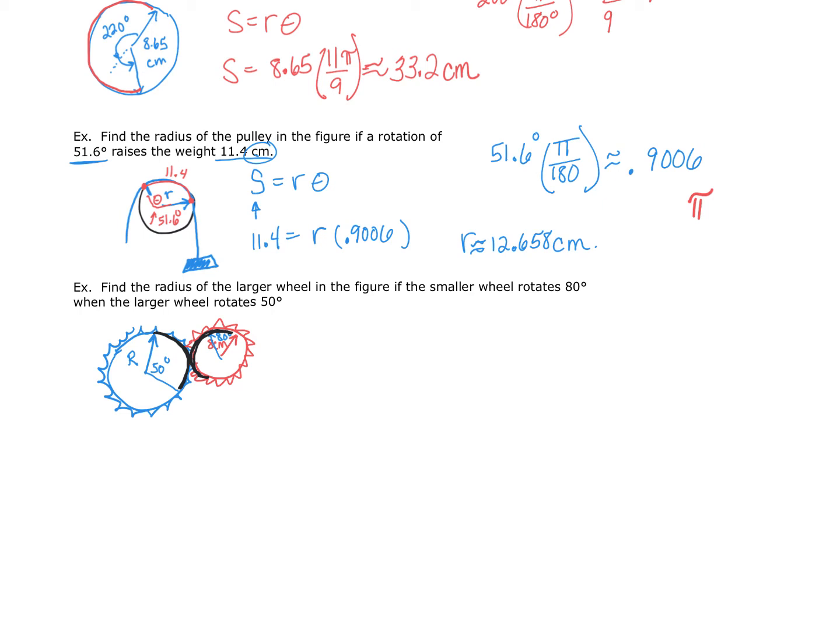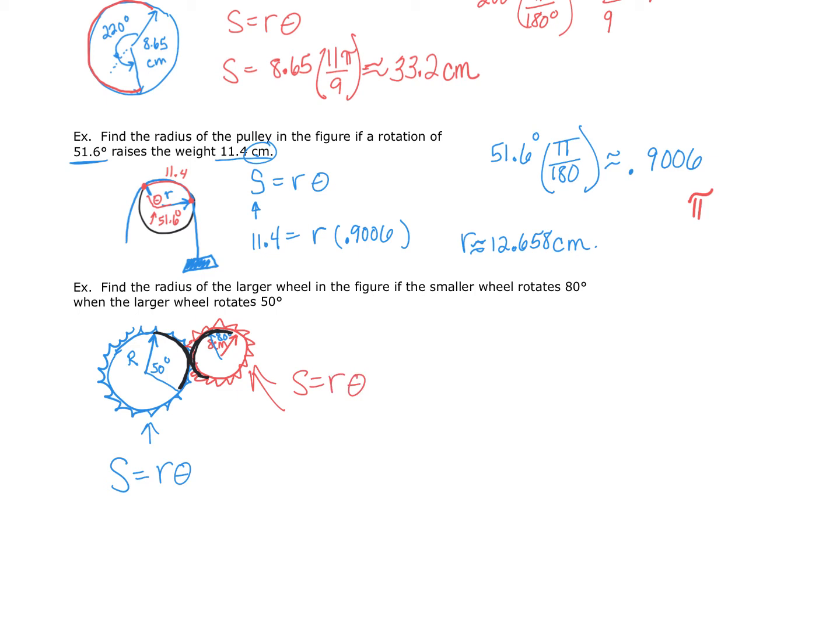So we want to find out what is the radius so that that is the case. So I'm going to think of this as 2 different arc length problems. For this large gear, I'm going to say S equals R theta. And for this small gear, I'm also going to say S equals R theta.